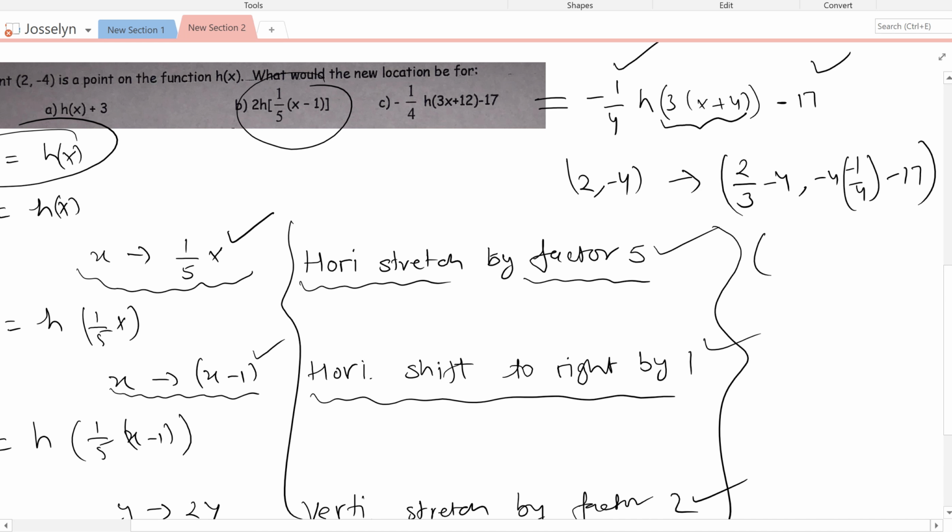So you do the LCM and I'll write the results quickly. Negative 10 over 3. But you can do your math, and negative plus 1, negative 16. So that's going to be the new point after facing all those transformations that we have there.